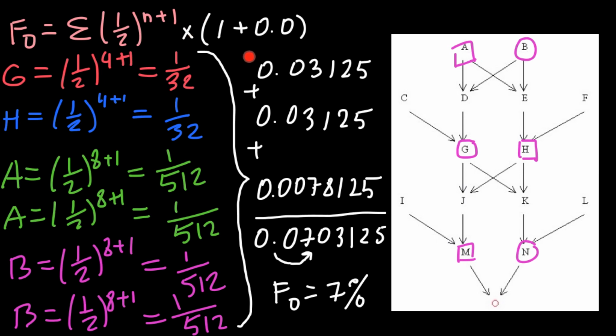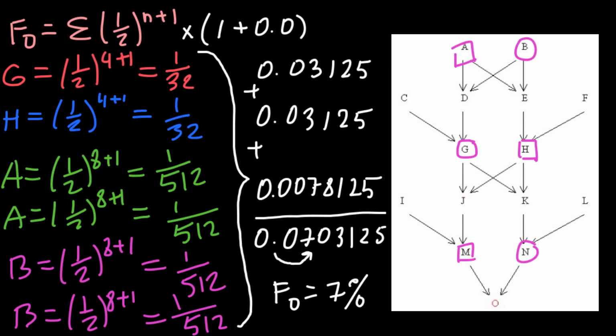That's why we didn't use this part of the formula, used when one of the common ancestors is inbred. And the only people in this whole pedigree who are inbred would be individuals J and K, and J and K are not common ancestors of the parents of individual O.